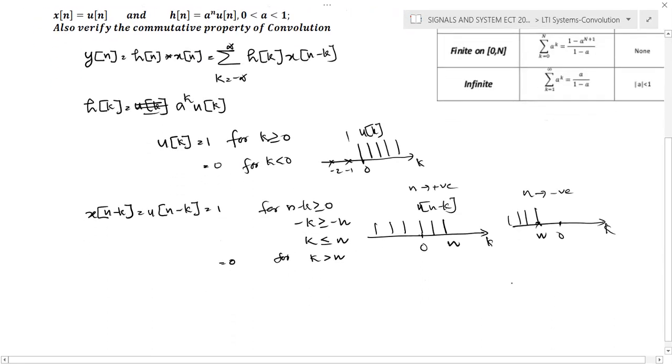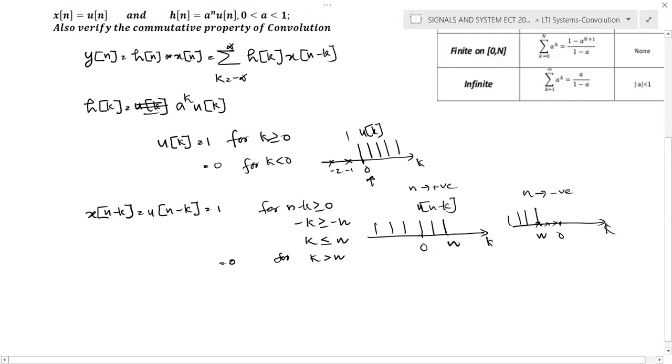From this expression, you can see that if n is negative and you multiply the signals u of n minus k and h of k, you will get 0, because the first signal starts from 0 onwards, and the second signal's magnitude is 0 from 0 onwards. So you'll get 0.